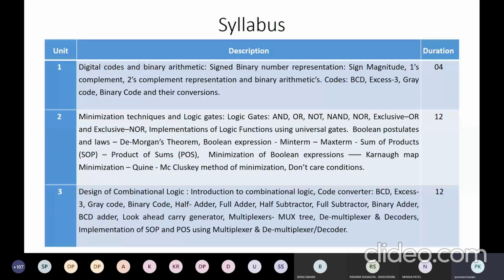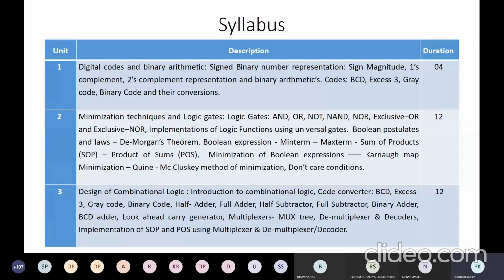Once you have knowledge of various digital codes and binary representation, you will be taught how to perform binary arithmetic operations. I will first of all be explaining how to represent signed binary numbers, that is, how to represent decimal numbers which are associated with a sign in binary form.